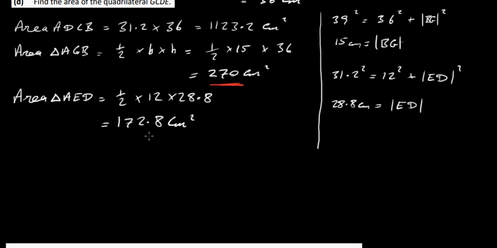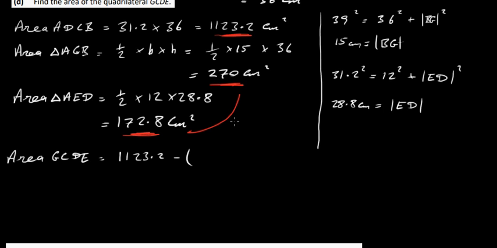So I have the area of the entire rectangle, and now I have the areas of the two triangles. These are the three numbers I'm going to use. I'm going to subtract these two from this one. The area of GCDE, which is what we're asked to find, is equal to the area of the entire rectangle, 1123.2, minus these two added.